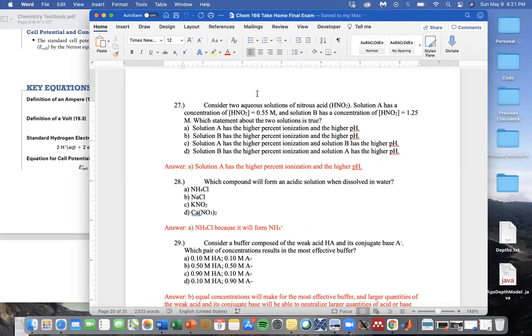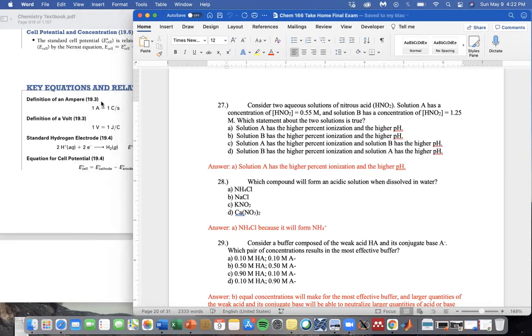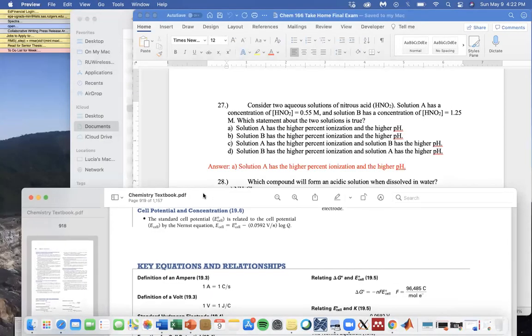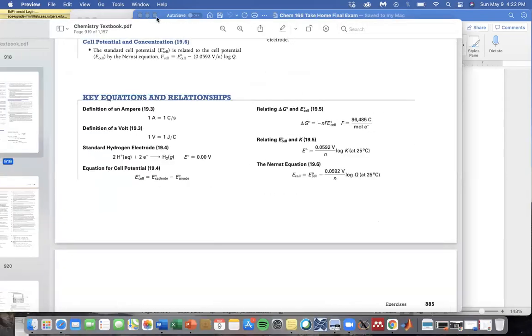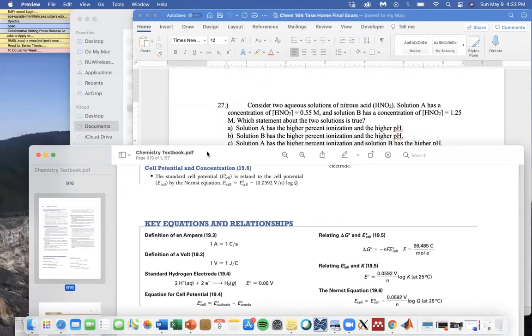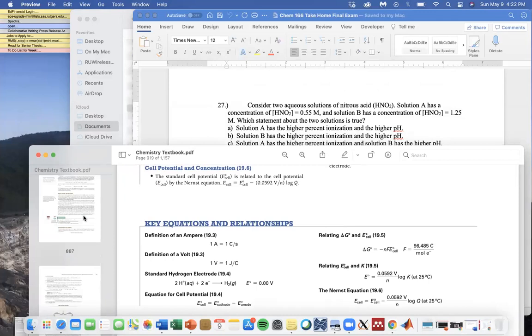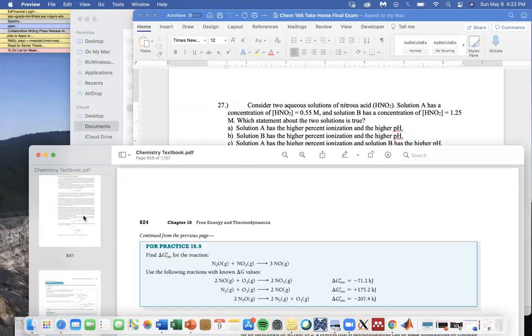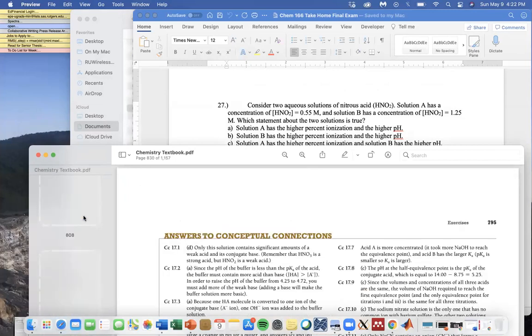And so I think for percent ionization, you would have to just do the calculation in order to figure that out. I'm not sure that you'd be able to figure it out without doing the calculation. We need the Ka, but we could do it with the Ka expression.